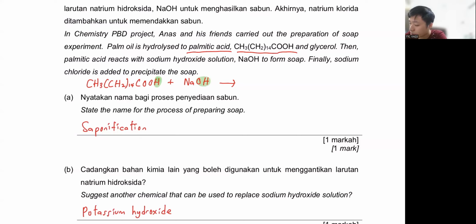Just like ethanoic acid reacting with this, you get CH3(CH2)14COO, the whole thing with negative charge, and Na is 1 plus, CH3(CH2)14COO is 1 minus, so they combine 1 to 1. Then, and water.